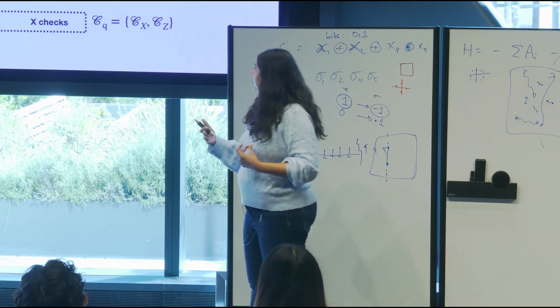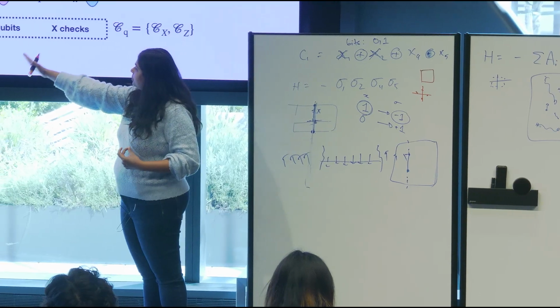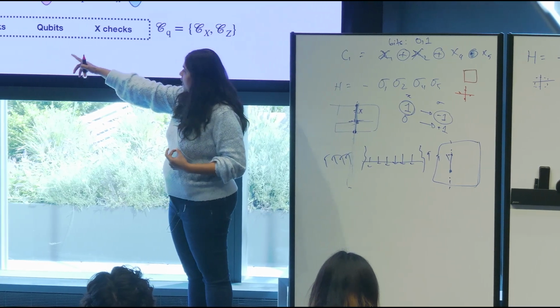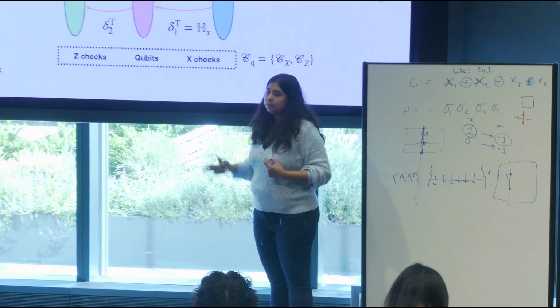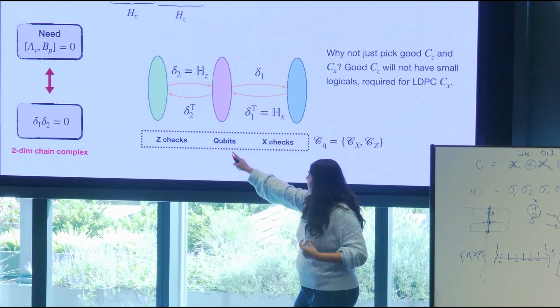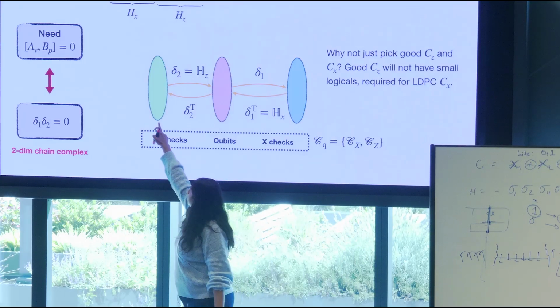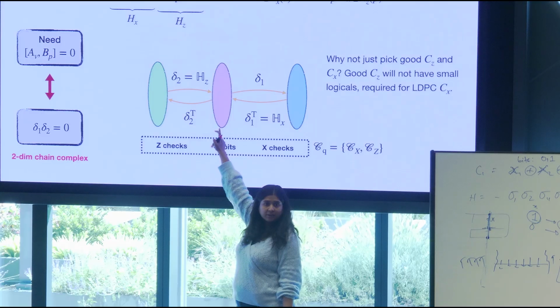Okay, so in order to satisfy this commutation property, I need a condition between the maps here, which is that the composition of the delta 1 and delta 2 maps gives me 0 mod 2. What is this telling me? Delta 2 is selecting out a particular type of Z check, and it's telling me which qubits that Z check is acting on.